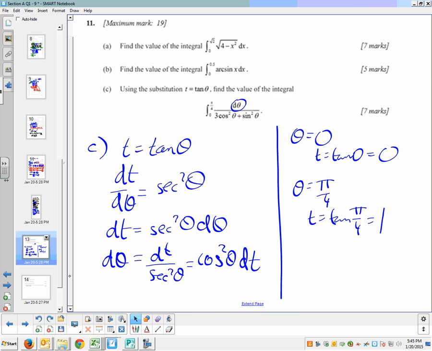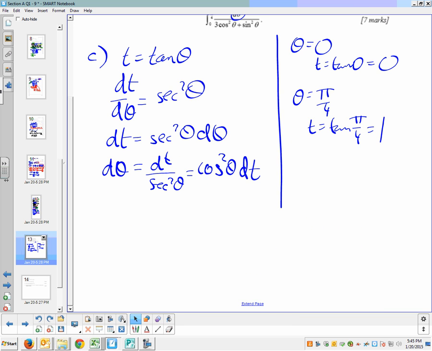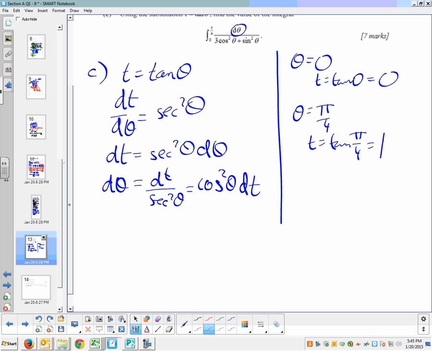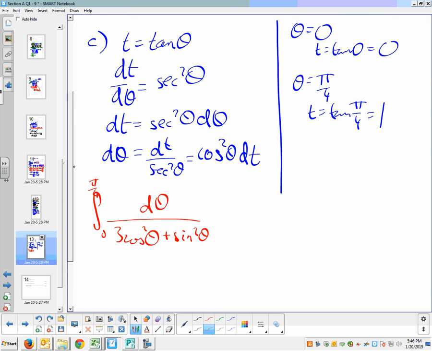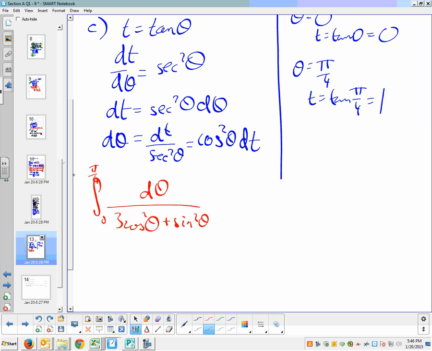So now I can look at the integral that I'm supposed to be evaluating, which is the integral from 0 to pi by 4 of d theta over 3 cos squared theta plus sine squared theta. There's no tans in there to easily replace with t.